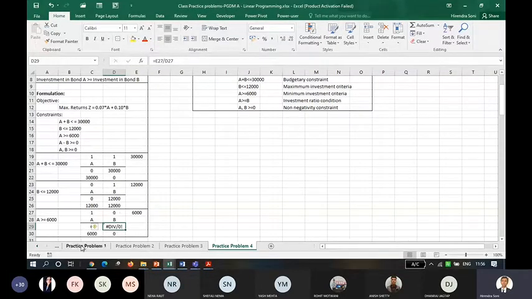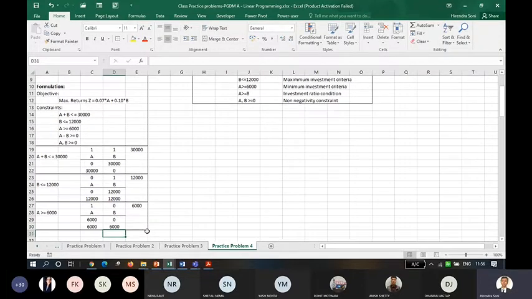Whatever the value of B, A will always be 6,000. So even if I keep it as 6,000, it will still be 6,000 only. Whatever values I take, it will still be the same. Fine. So I can take 0 here and 6,000 here, and then there will be no difficulty in plotting the points. Are we clear?